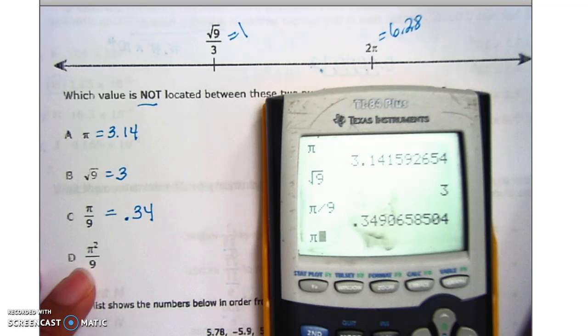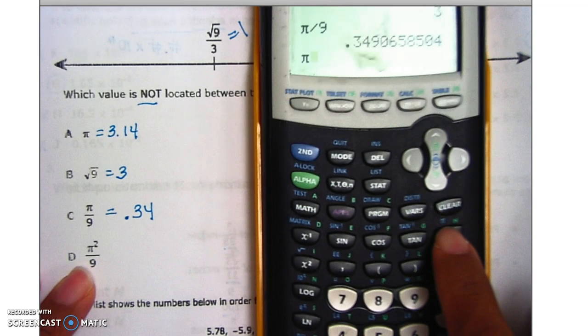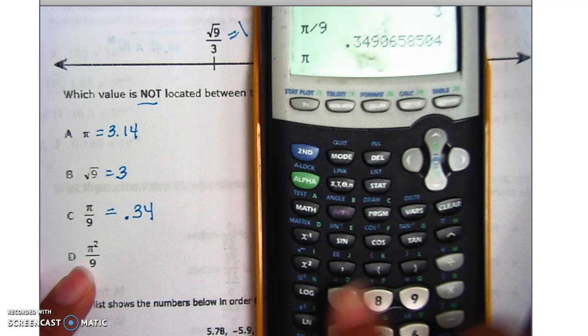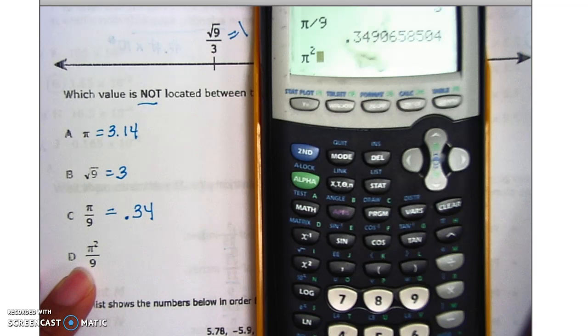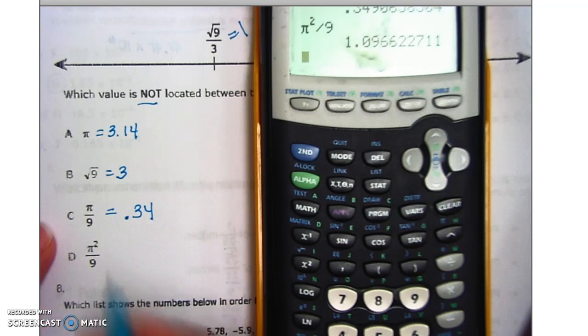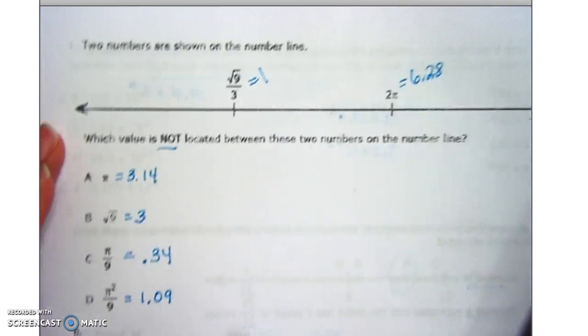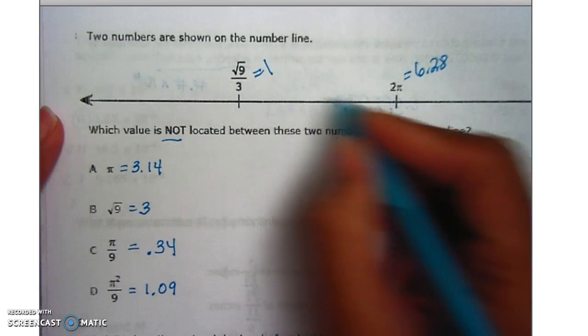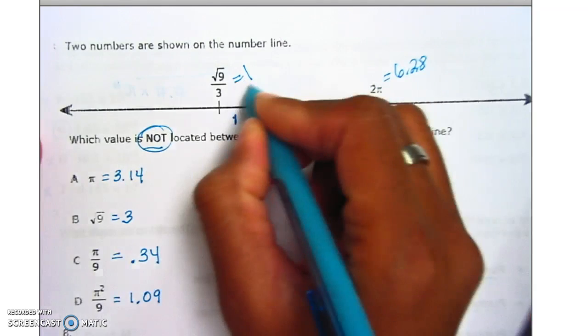Second caret, to do squared, you have two choices. You can either hit the caret button, or let's just do the x2 button, okay? X squared divided by 9 gives us 1.09.